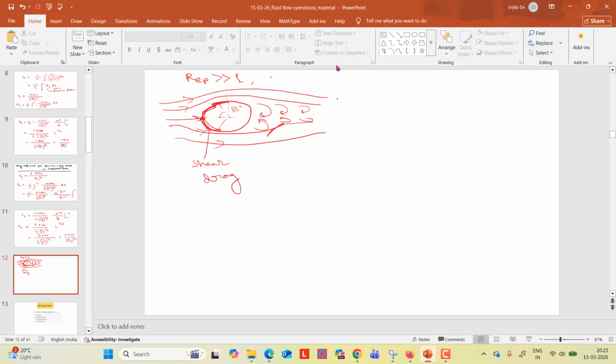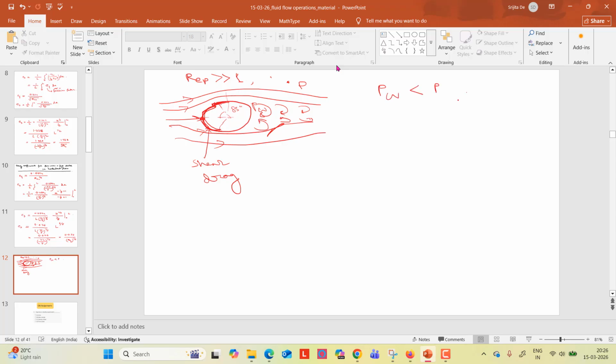When the fluid starts forming eddies, the fluid becomes chaotic and that leads to pressure drop. In the wake region the pressure is PW, and at the outer region the pressure is, suppose, P, so PW will always be less than P, right?